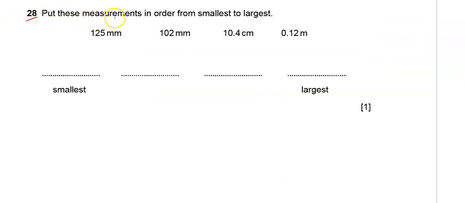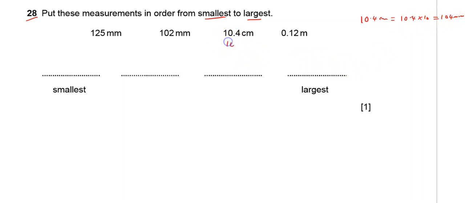Put these measurements in order from smallest to largest. So we can convert all of these into millimeters. 1 centimeter has got 10 millimeters. So 10.04 centimeters is the same as 10.4 times 10. This will give us 104 millimeters.